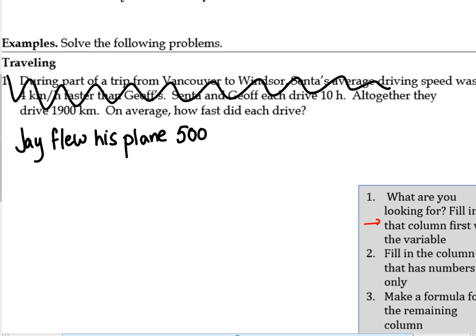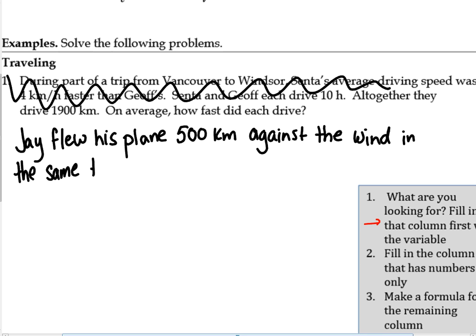His plane 500 kilometers against the wind. In the same time, it took to fly 600 kilometers with the wind.